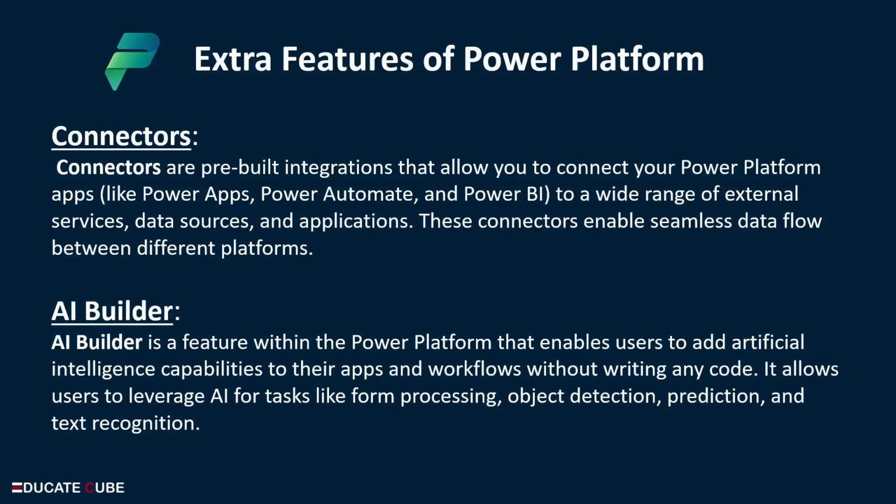When an employee scans a product label, the AI model automatically recognizes and extracts the product details like SKU, price, etc., and updates the inventory in real time. In this case, AI Builder adds object detection and image recognition capabilities to the Power Apps, allowing the store to automate data entry and improve efficiency without needing specialized AI knowledge.